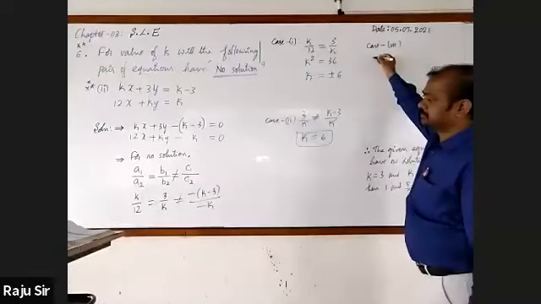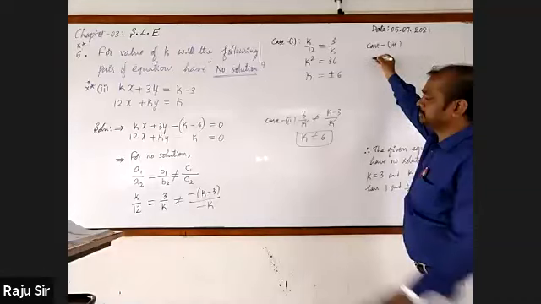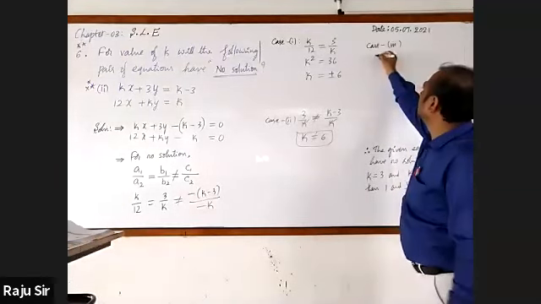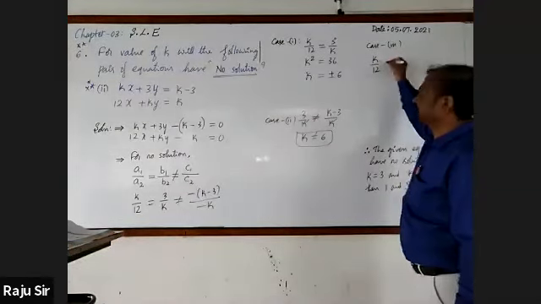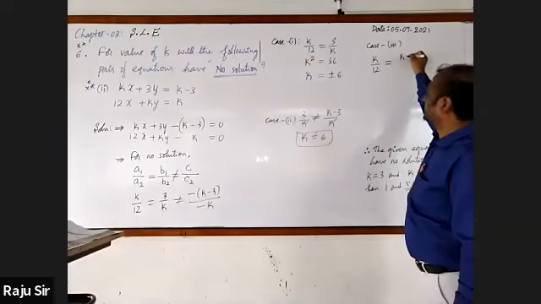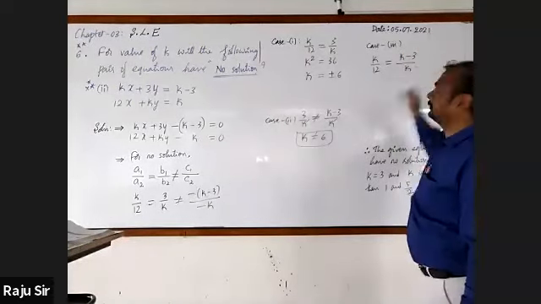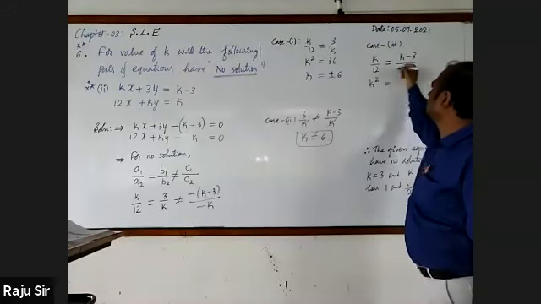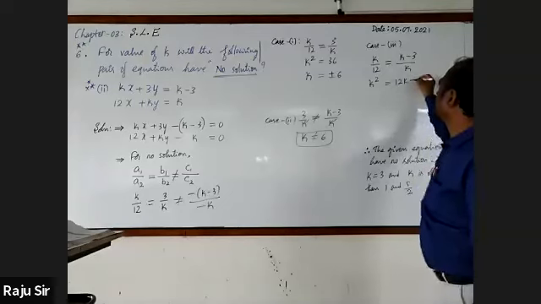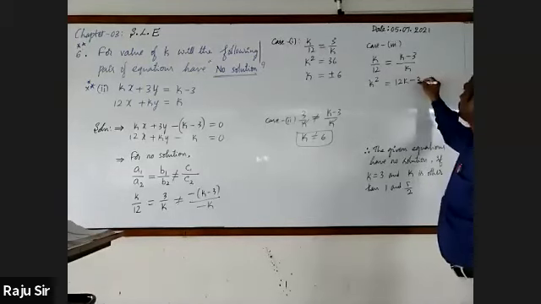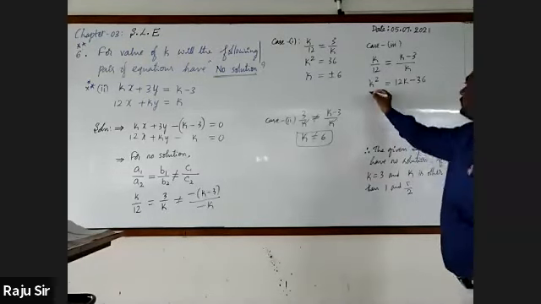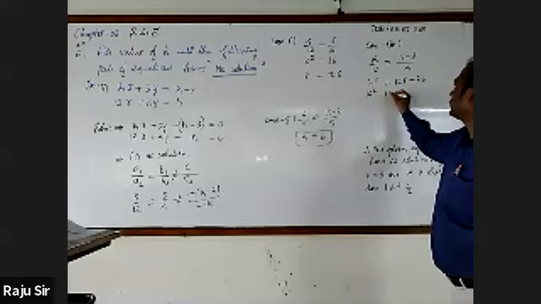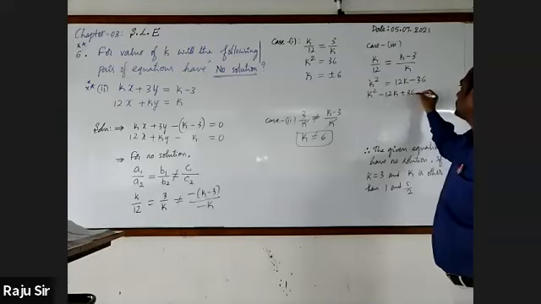The third one is A1 by A2 is not equal to C1 by C2. It is k by 12 not equal to k minus 3 by k. Cross multiply. This is k square, not equal to 12k minus 12 threes are 36. Both to the left hand side: k square minus 12k plus 36 equal to 0.